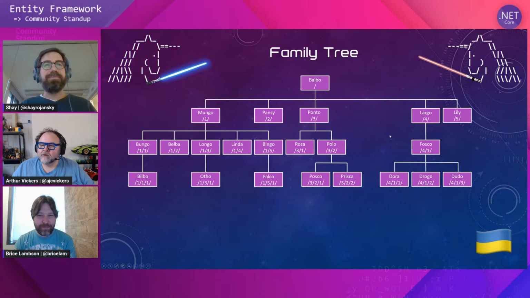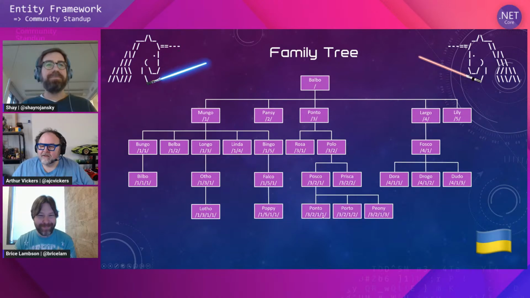And then, of course, now we're going down this other side of the family tree where everything is from Largo. So these are all prefixed with 4. And when we get down to here, we've got 4, 1, 2, and so on. Okay, and then finally Lotho, very, very infamous Sackville Baggins there. Poppy, Ponto, Porto, and Peony, and then Frodo, as I think most people have heard of Frodo.